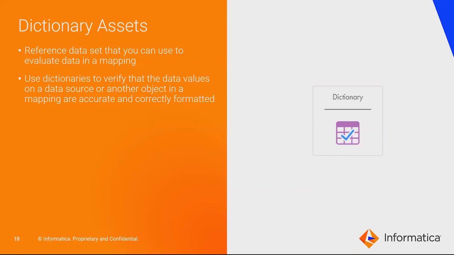So when you have the data sets and you want to evaluate against some different data, this is the custom-built reference dictionary that you can create in the UI portal. You can collaborate with the business users or business analysts to create these dictionaries. Basically, you can use dictionaries to verify the data values on a data source or another object in a mapping.